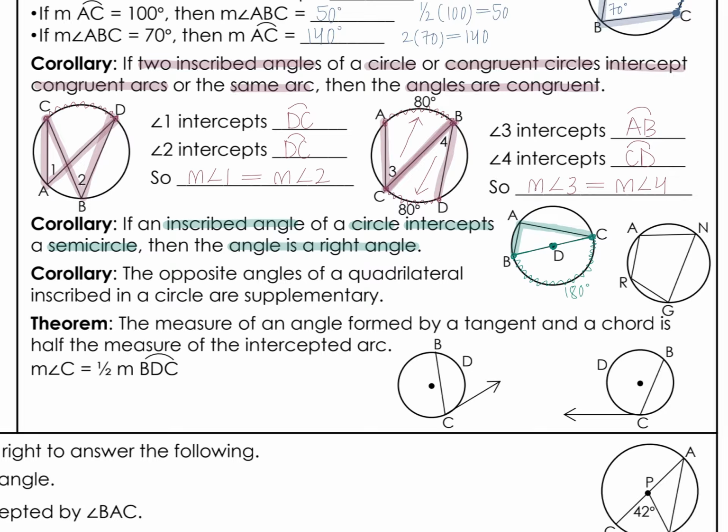Half of 180 degrees is 90 degrees, and that's how we are able to say that this is going to be a right angle.